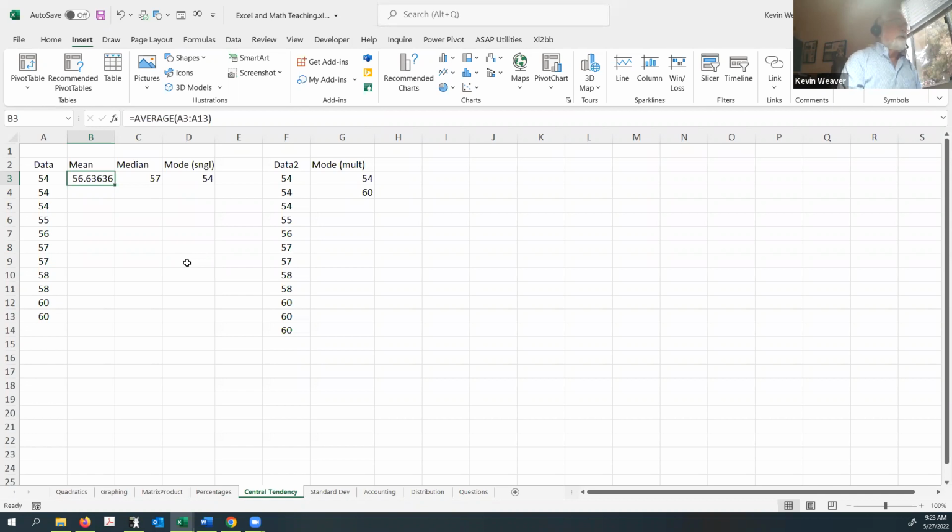An even number of values, the median is the average of the two in the middle. But after explaining that concept, I point out that Excel handles the sorting and it handles the averaging as necessary.